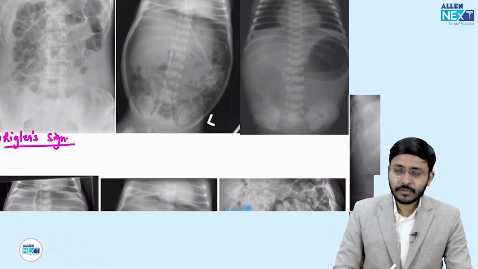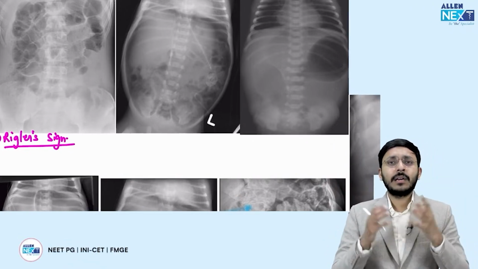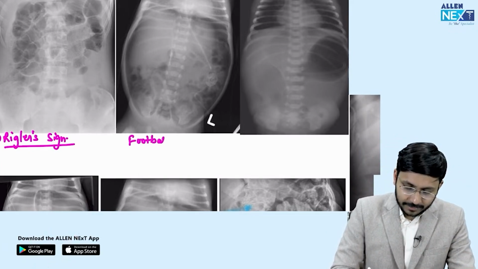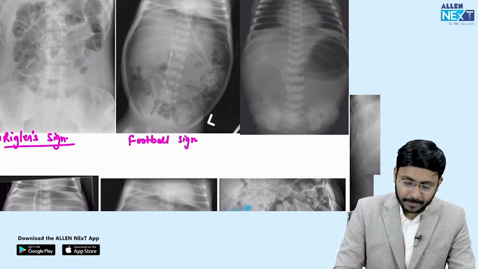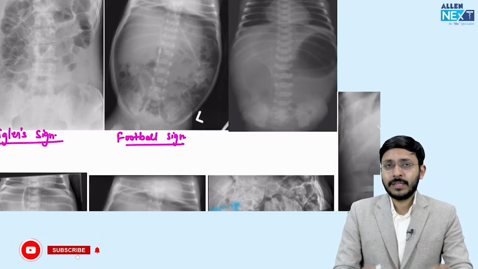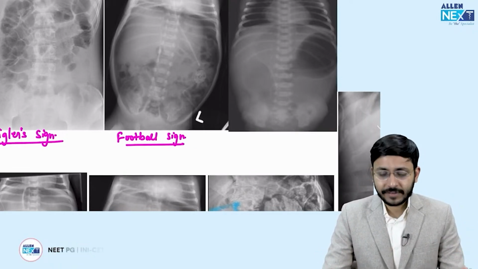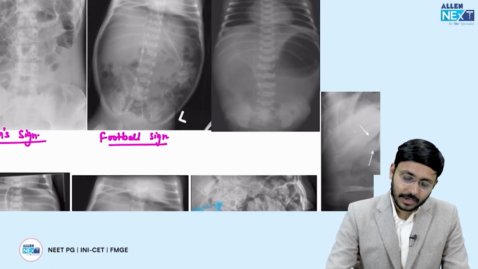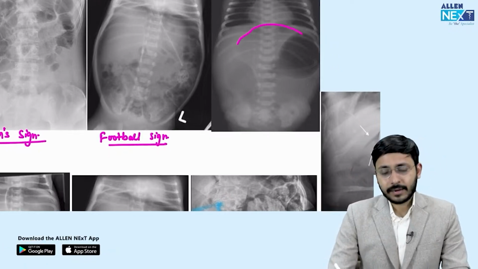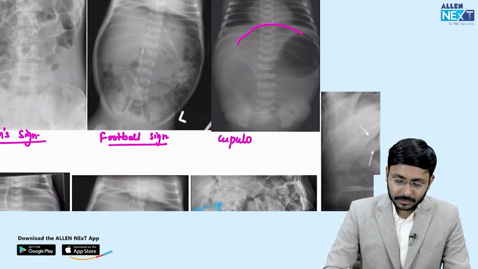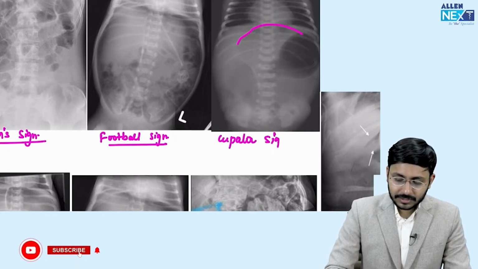Now some signs of massive pneumoperitoneum, very large air in the abdomen. So one of them is the football sign. The abdomen is in the shape of a football. This is mainly seen in infants because they have a small abdominal cavity. Now, if your air is beneath the central tendon of the diaphragm, this is known as the cupola sign.